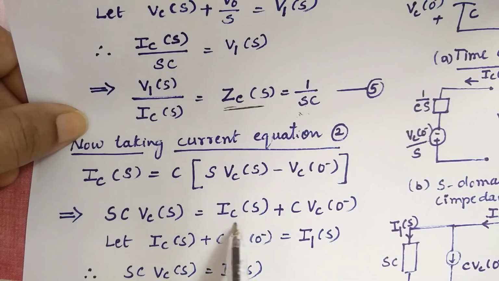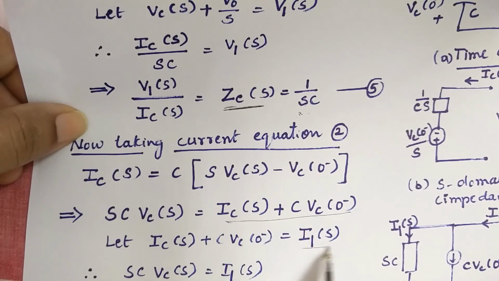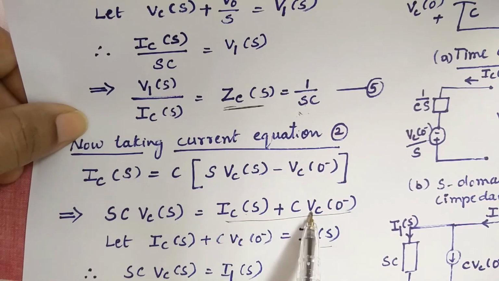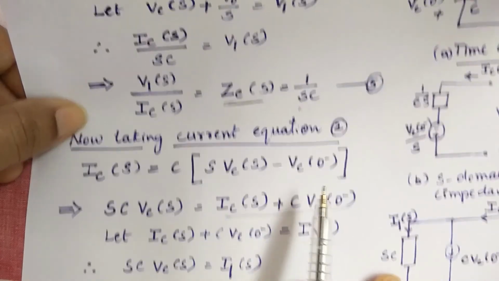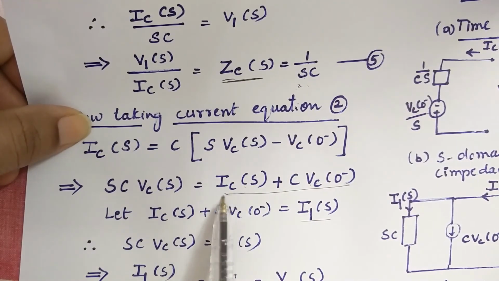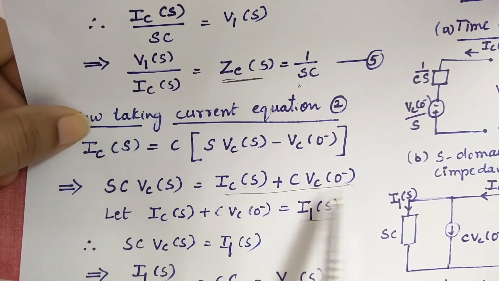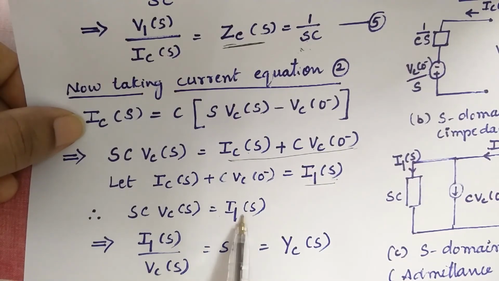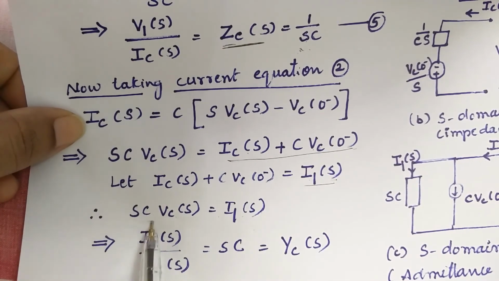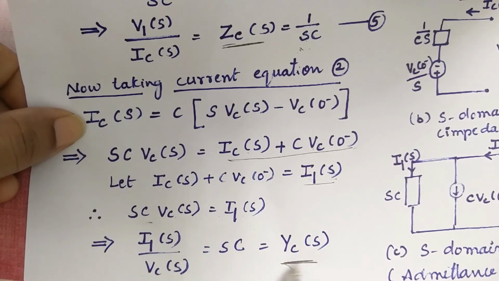Let us assume this entire expression as I1(s): the current through the capacitor, including the initial current in terms of the initial voltage. Clear? Now sC Vc(s) is equal to I1(s). Take the ratio I1(s)/Vc(s), which is equal to sC, that is the transformed admittance Yc(s).